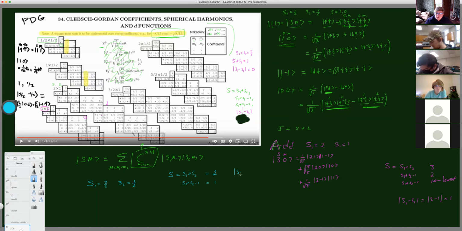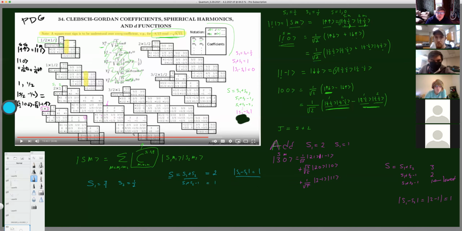That's going to be the absolute value of S1 minus S2, and that's just going to be a 1. So that's the lowest possible one. So when you're trying to figure out what total S is, first look at this, then you know what the lowest one is, and then look at this and start subtracting 1 from it till you get to this. That makes sense?